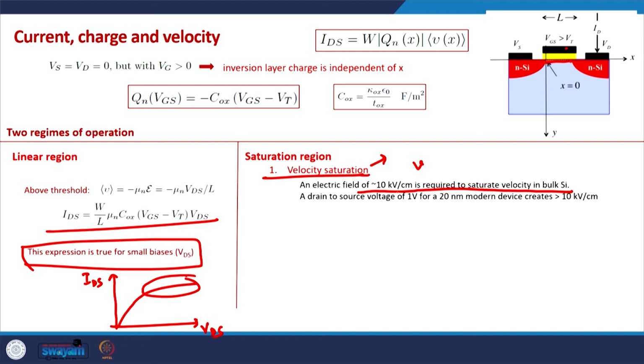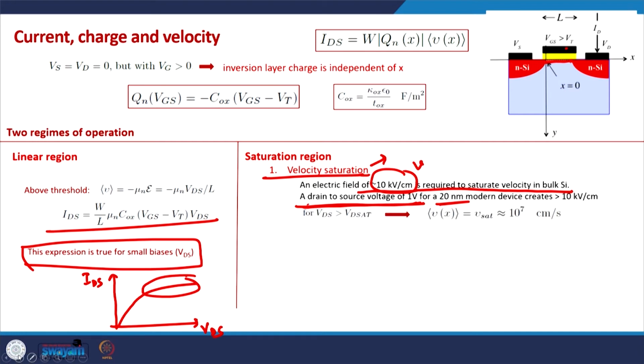And if we have, let us say, a 20 nanometer MOSFET or even 50 nanometer MOSFET, and we apply a drain to source voltage of 1 volt, the electric field will be way higher than this value. So, the velocity would possibly saturate, given there is enough scattering in the channel.